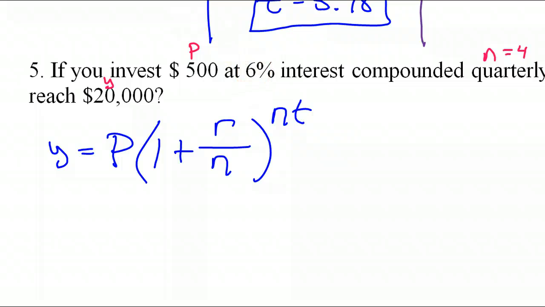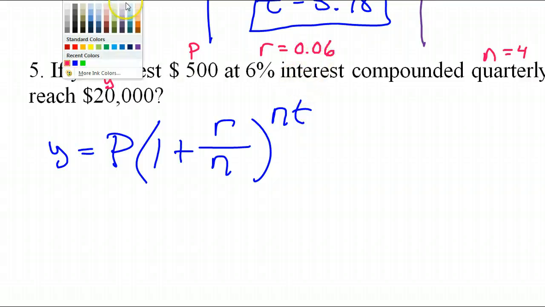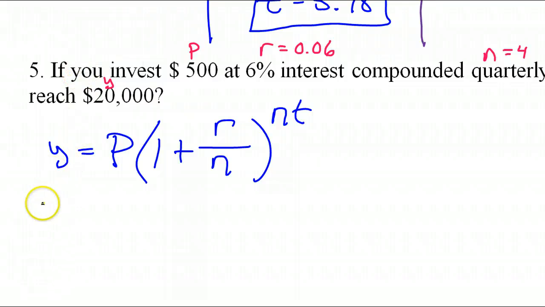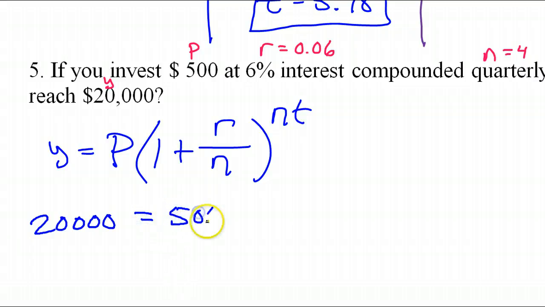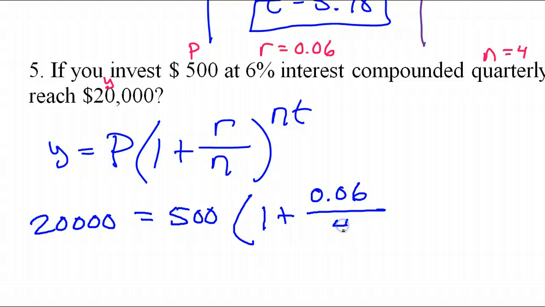Oh yeah, and the 6%, that tells us that the R value is 0.06. So plugging in all those numbers, we have 20,000 is equal to 500 times 1 plus 0.06 over 4 to the 4t power.